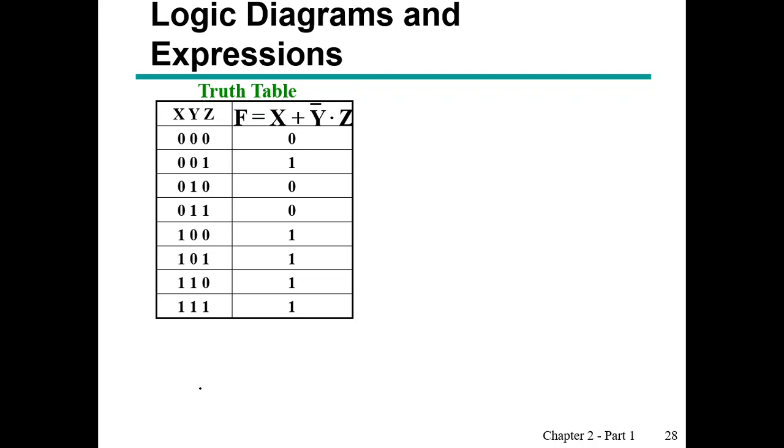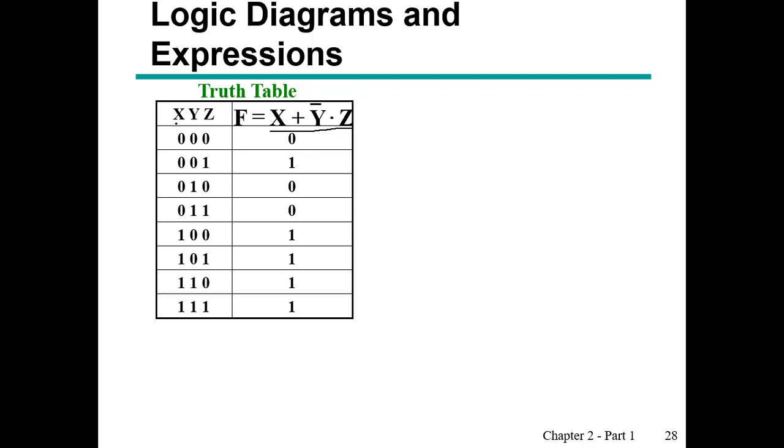Logic diagrams and expressions. So here this is an example. This is some Boolean function, and this function is like this. Now we have not studied Boolean expression in detail, but you should have some idea. This is a function of x, y, and z, three variables.